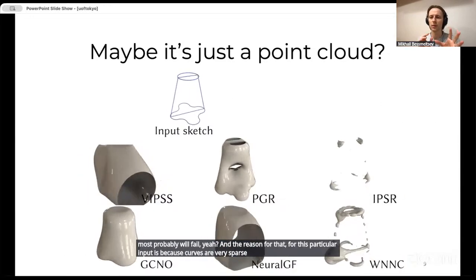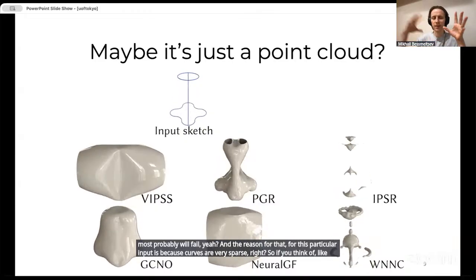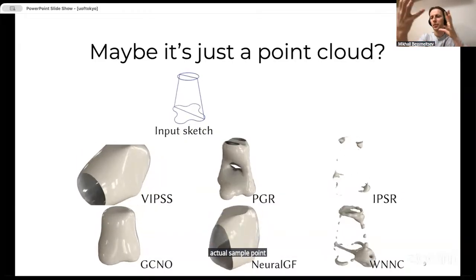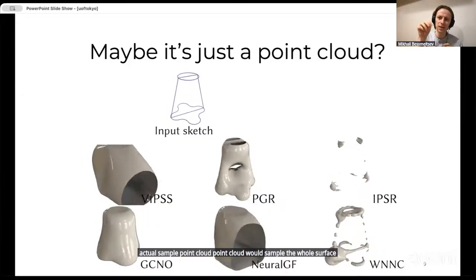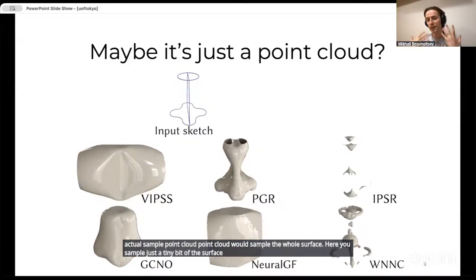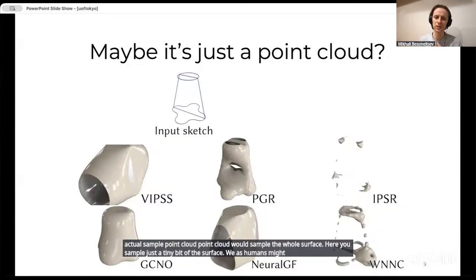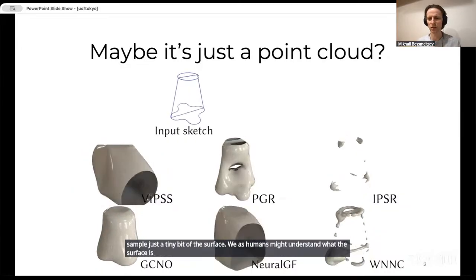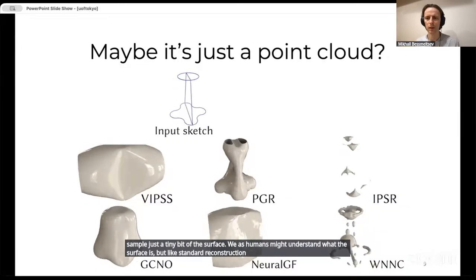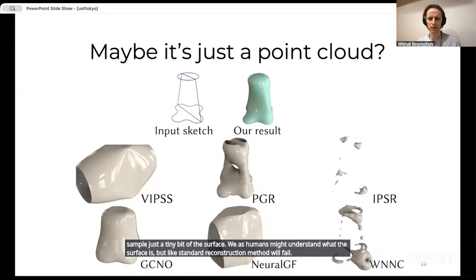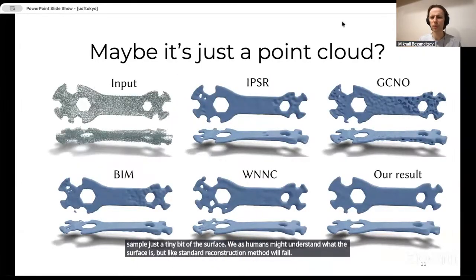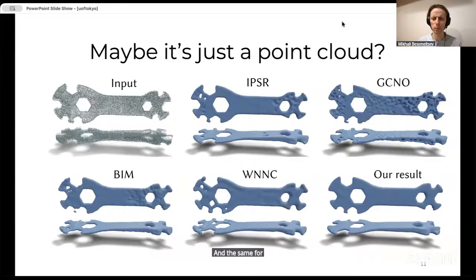An actual sampled point cloud would sample the whole surface. Here you sample just a tiny bit of the surface. We as humans might understand what the surface is, but standard reconstruction methods will fail. And the same goes for normal estimation or other kinds of reconstruction.